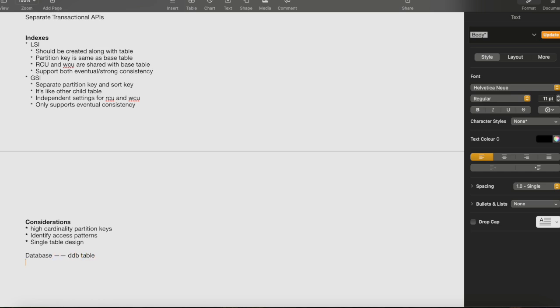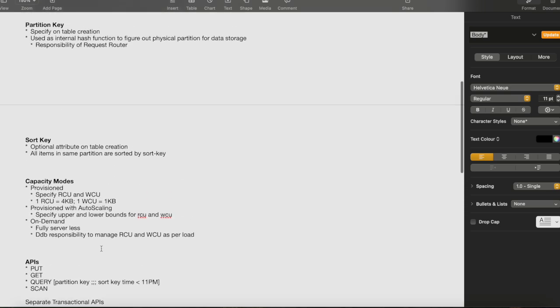Now there you have tables, and in your DDB you have different entities which you can specify. So instead of defining multiple tables as in a relational database, here you can create multiple entities and those entities can be stored in the same table. That's the idea of it.